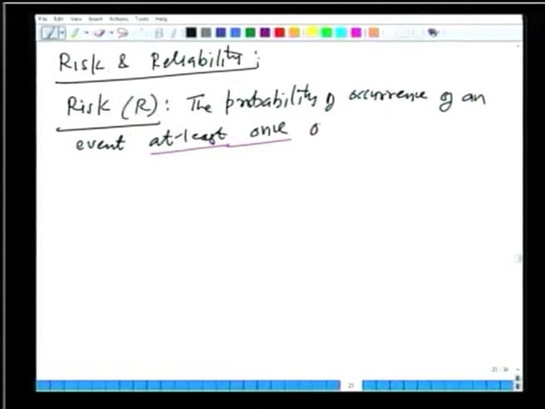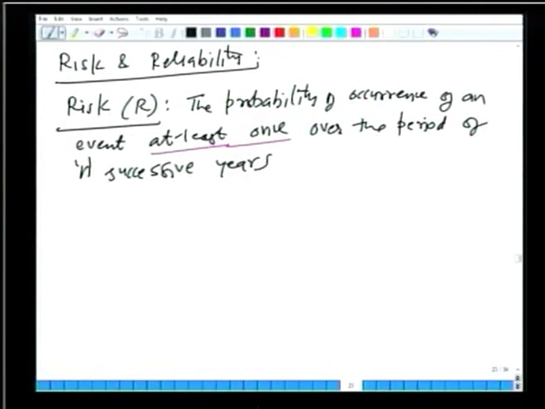over the period of n successive years, which is normally the lifespan of the structure.